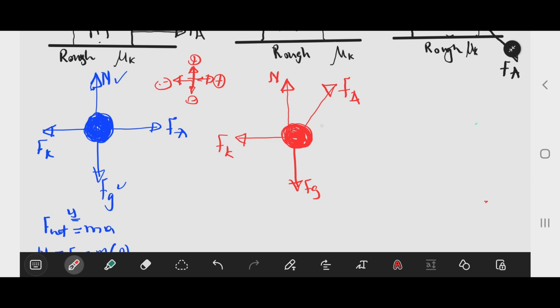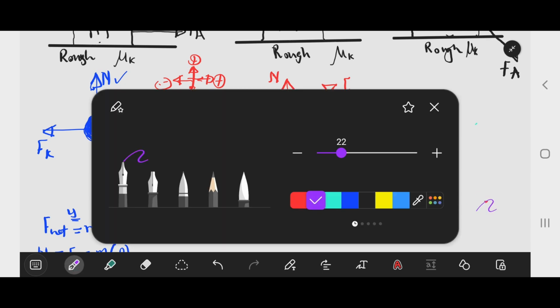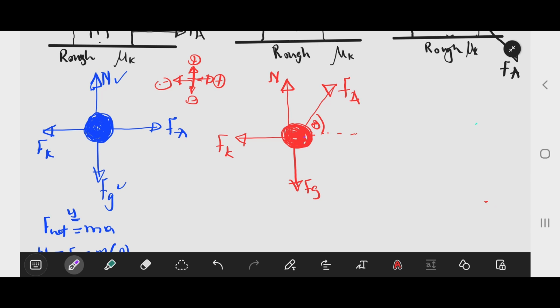But if you check, the applied force is applied at an angle theta, right? So we have to resolve this force into 2 components, right? So when we resolve the force into 2 components, we will have the x component and the y component. So that is Fa x and Fa y, right?